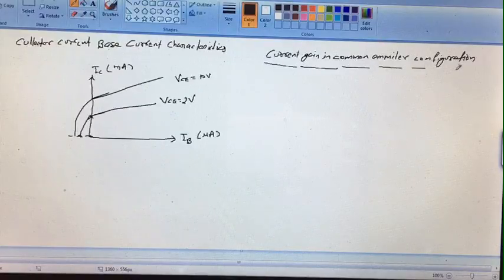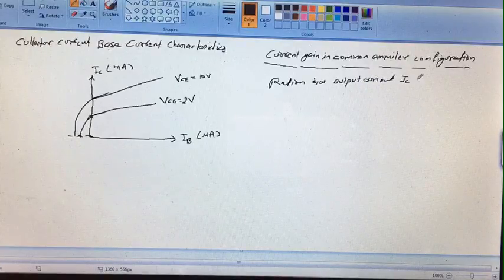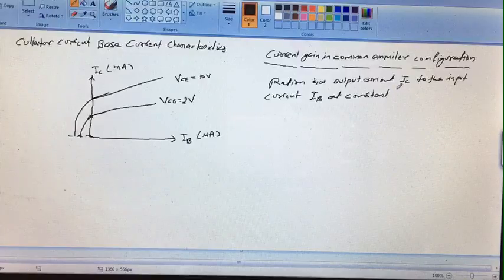As we know, what is gain? Gain is the ratio between output to the input. So, when we are considering current gain, then it is the ratio between output current IC to the input current IB at constant collector emitter voltage. This is denoted by beta.